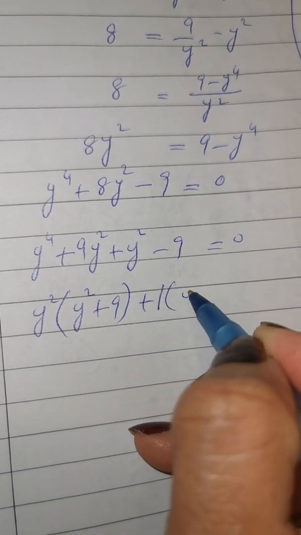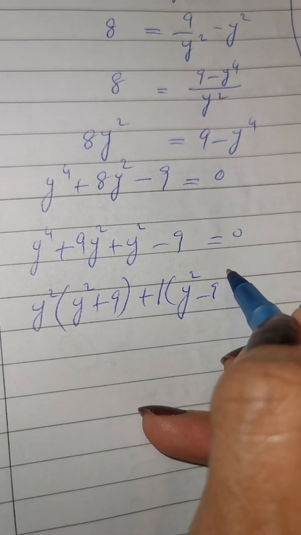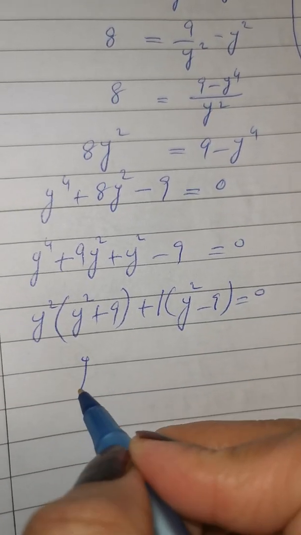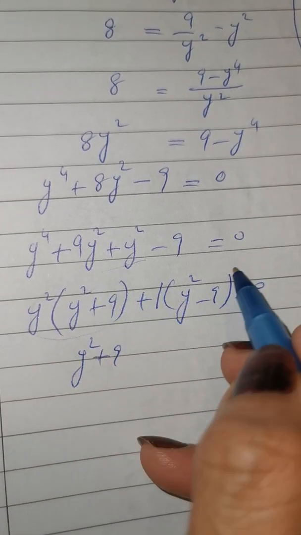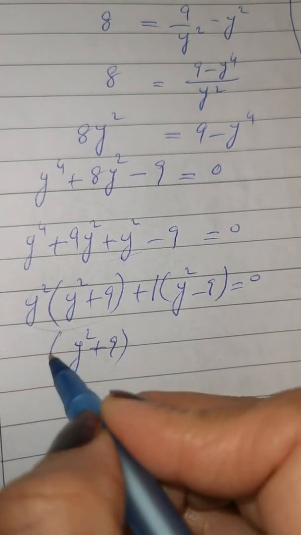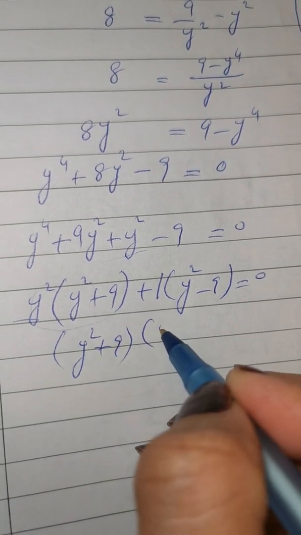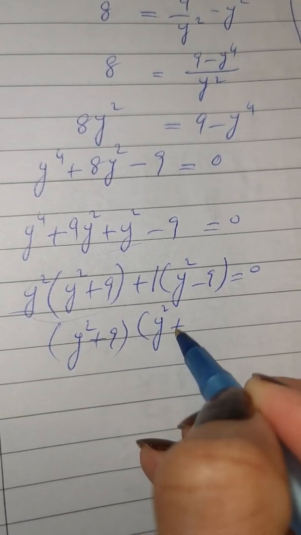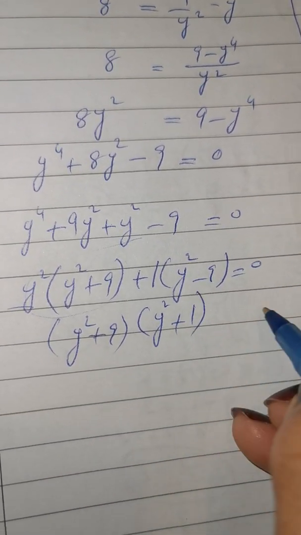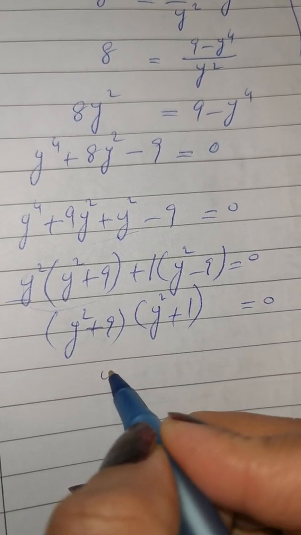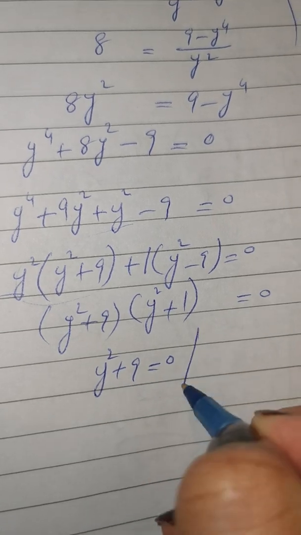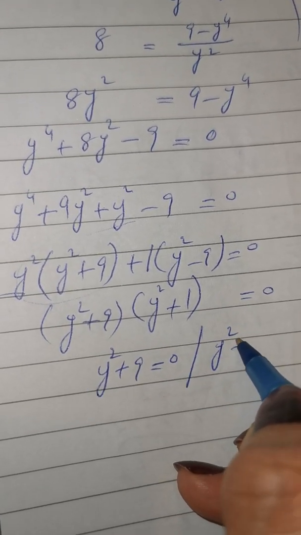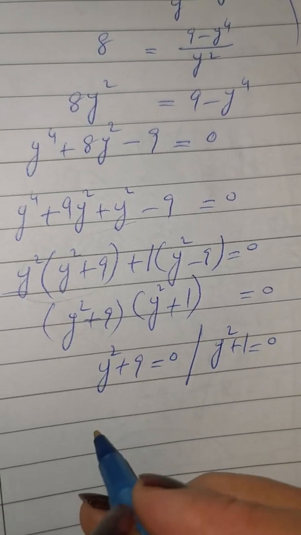Take common, which is 1 here. Again taking the common between two terms, this y square minus 9 is common here. From the first term we are left with y square and from the second term we are left with 1. So we will get two values: y square plus 9 is equal to 0 and second, y square plus 1 is equal to 0.